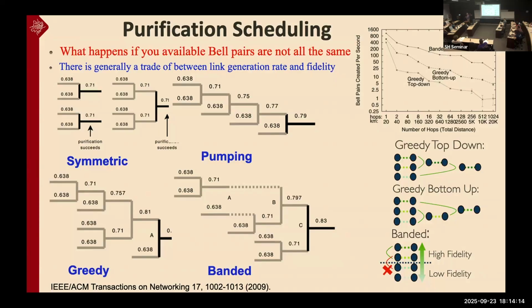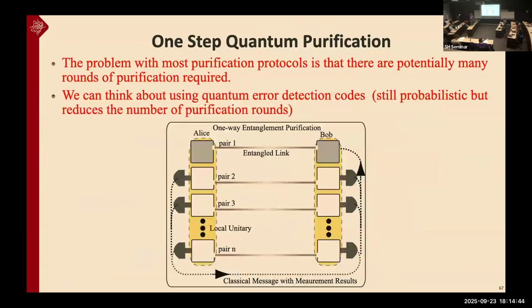So one of the things that you'll see is that we're potentially doing many, many rounds of purification, okay? Every round of purification means one classical message. I don't like that, and that's because all these schemes here are based on variants of the same idea. But it doesn't have to be this way.